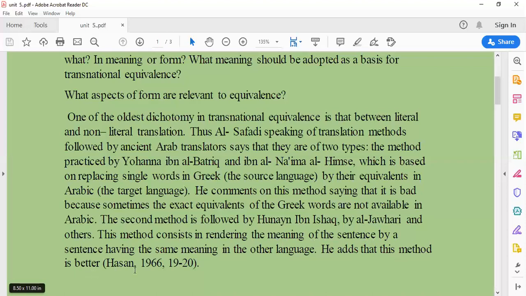This is by Hassan, 1966, pages 19 to 20. The second method is better than the first. Why? Because it conveys the meaning of the sentence, not the text of the word.